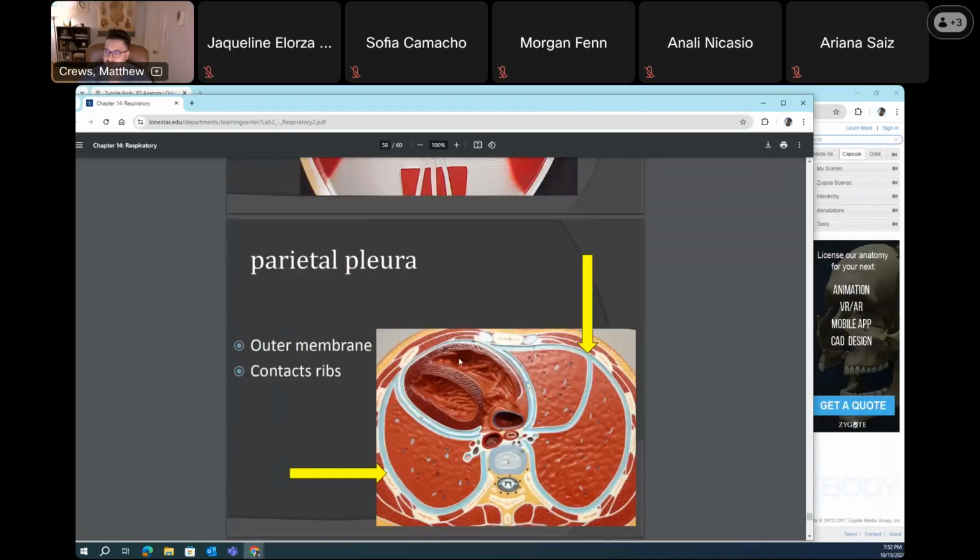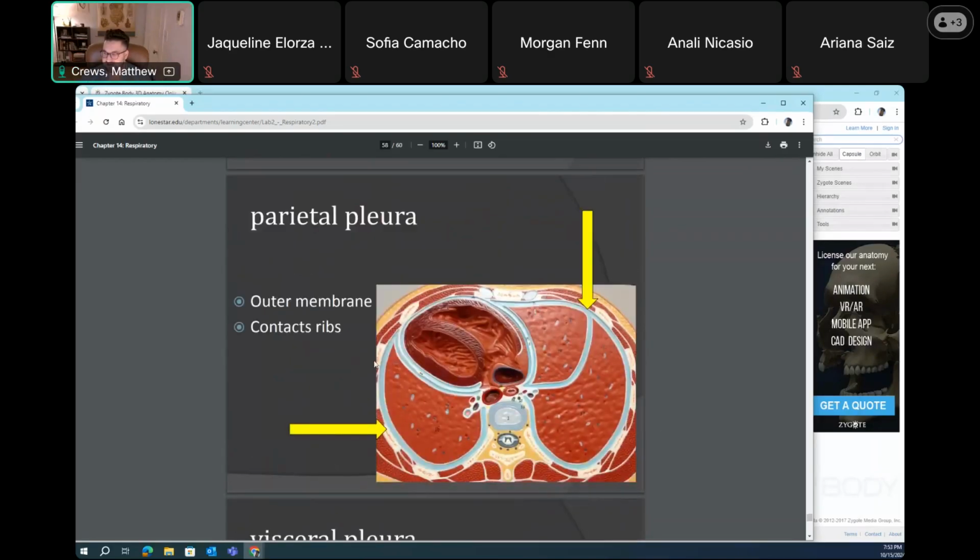All right. Pleura. So you've got parietal pleura. That is the lining that surrounds the lungs. This right here is a cross section, maybe like a CT scan, where you can see the lungs and the heart. You can tell this is the left lung and this is the right lung, because you have a fissure right here, which is your horizontal fissure.